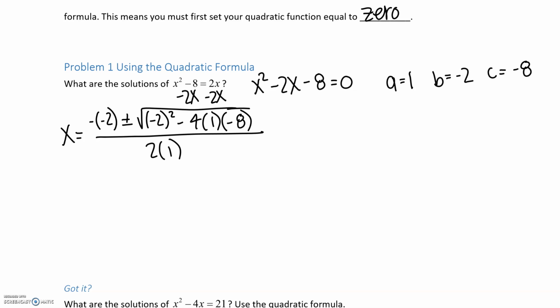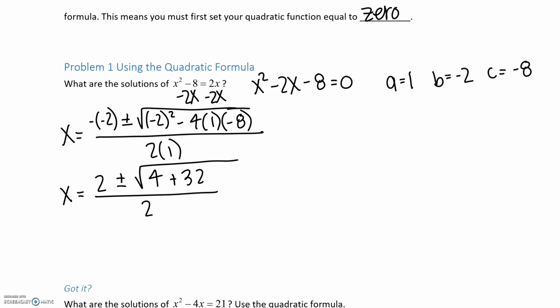Okay, so we're going to simplify this just a little bit. That gives us x equals negative of negative, which is a positive 2, plus or minus the square root of 4 plus 32, because negative 4 times negative 8 is a positive 32, all over 2. That gives us x equals 2 plus or minus the square root of 36, over 2, which equals 2 plus or minus 6 over 2.